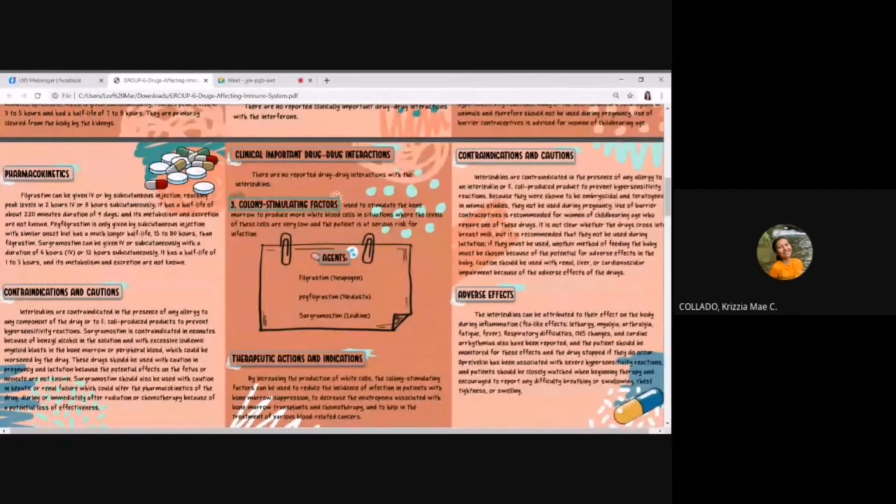The adverse effects of interleukins can be attributed to their effects on the body during inflammation: respiratory difficulties, CNS changes, and cardiac arrhythmias have also been reported, and the patient should be monitored for these effects and the drug stopped if they occur.